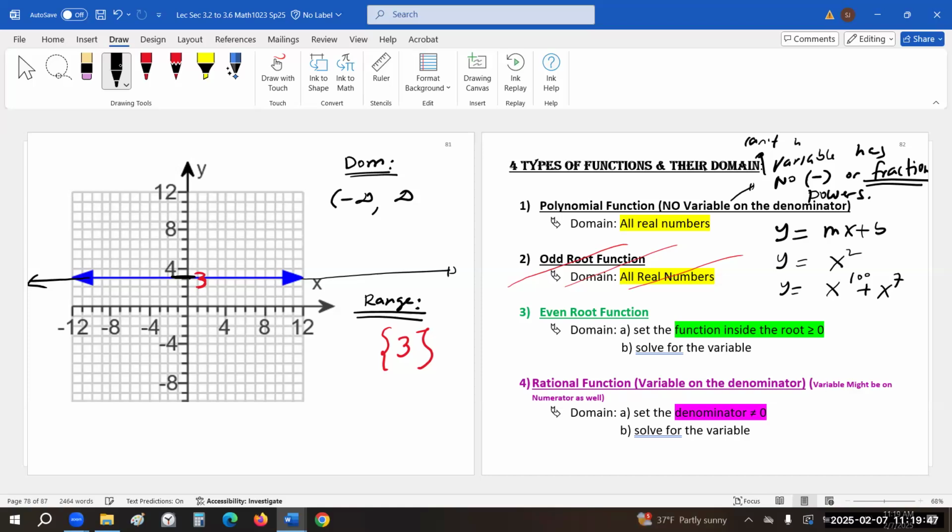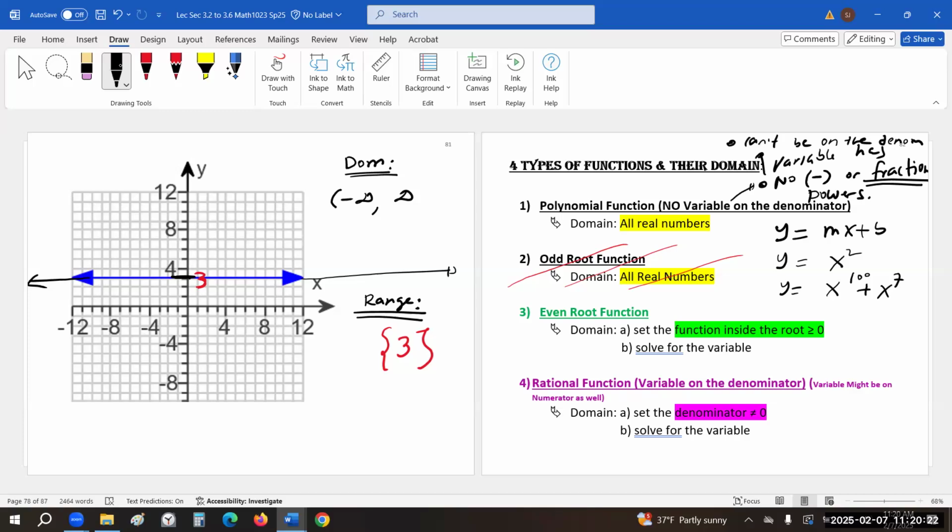So variable cannot be on the denominator. It cannot have any negative power or fraction powers. Example, a line is a polynomial, a parabola is a polynomial, anything with positive degree or positive whole number power is a polynomial.